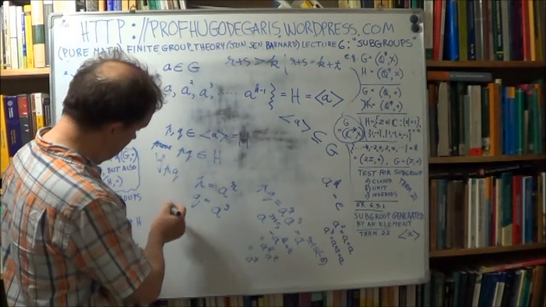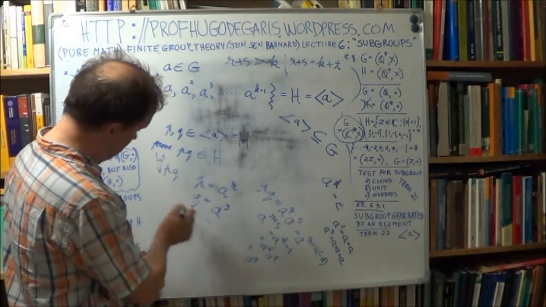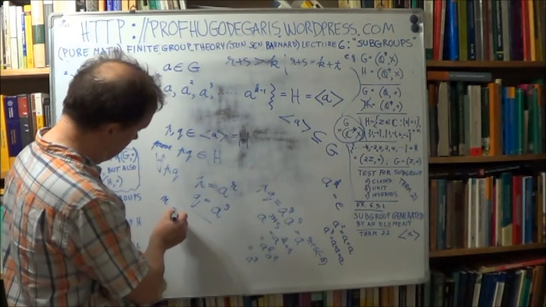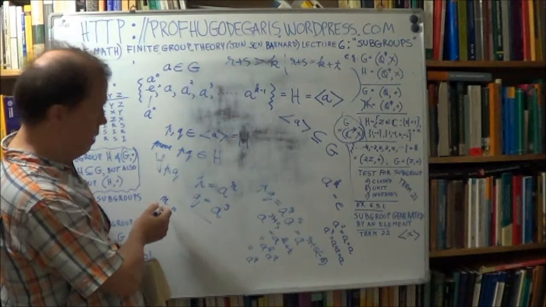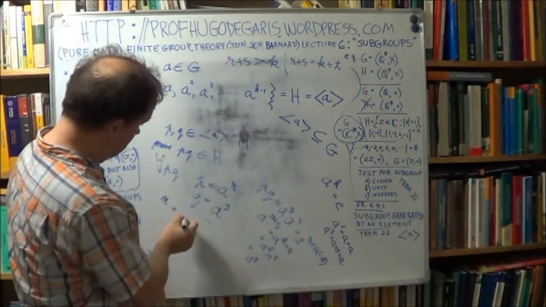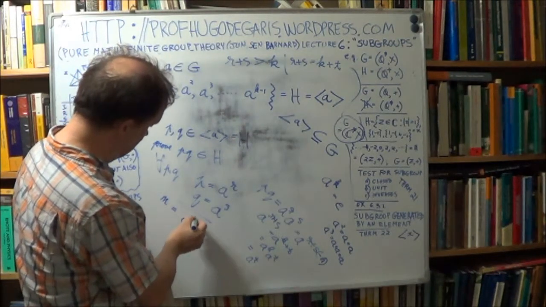So M is just any member of your set here. It will be of the form A to the I, let's say.